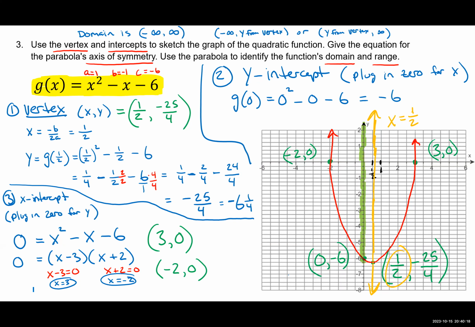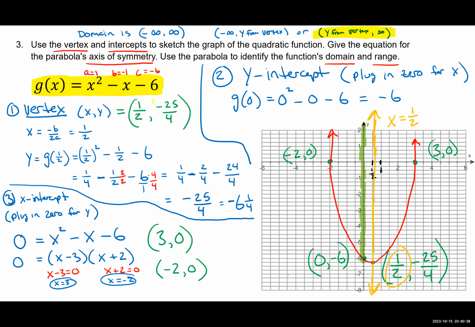In this problem, we're starting with the vertex and going up. So the range of this function would be negative 25 over 4 up to infinity.